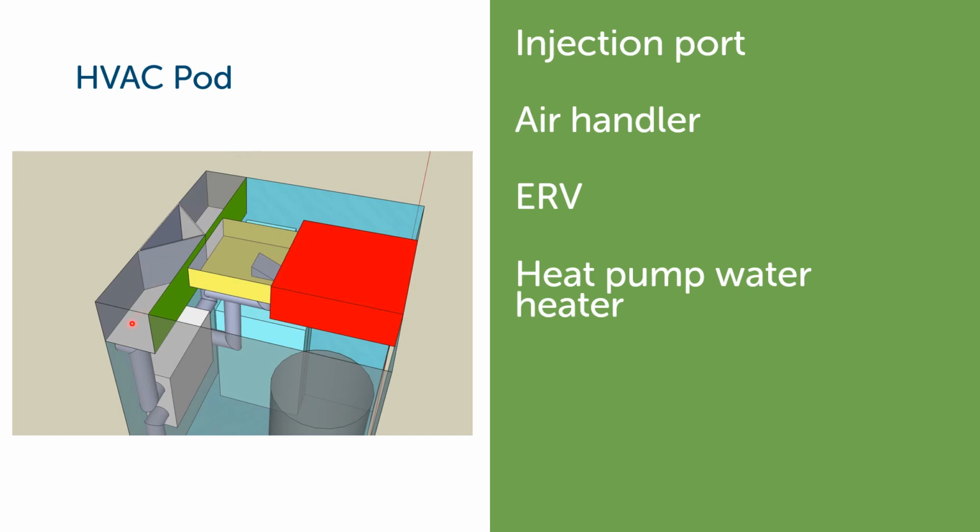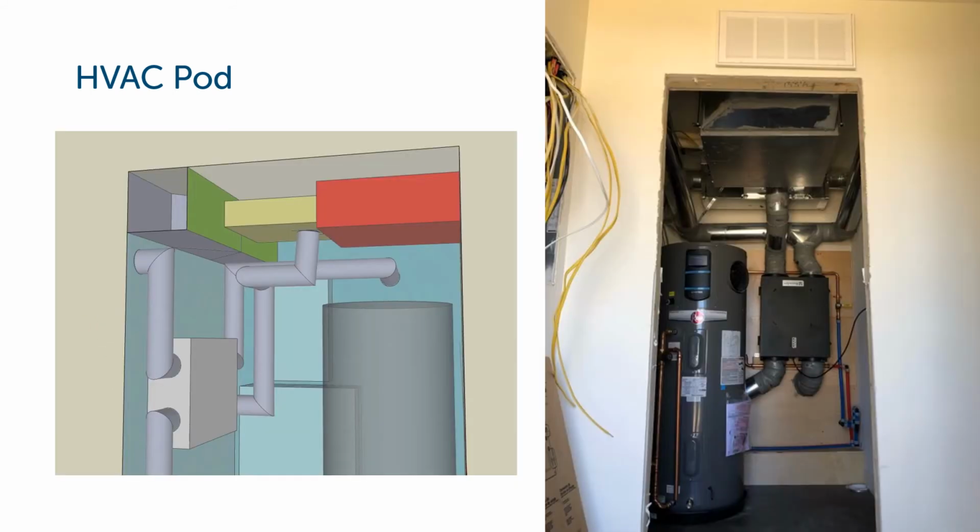But this is your main duct trunk here. And your air handler is here. And it pushes air out here across the injection port where it picks up ventilation air. And then the two air streams are routed down this long trunk that lives in the upper corner of the ceiling. The HVAC pod.